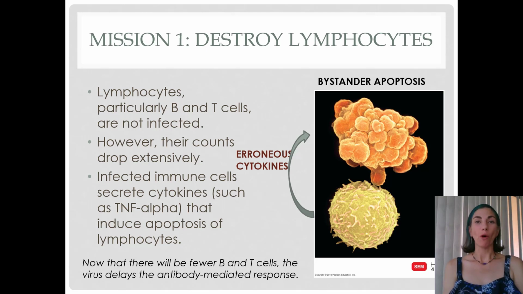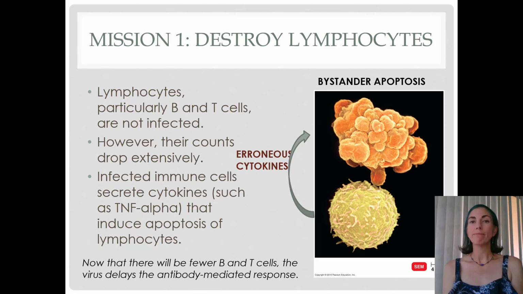So our first goal is to suppress the immune system, specifically the acquired immune system, which would be very helpful in helping the virus replicate unchecked if there's no acquired immune system to find infected cells or destroy the virus outside of the cell. So how do you inhibit the acquired immune system?